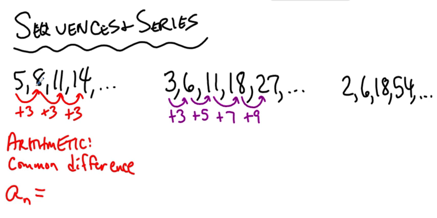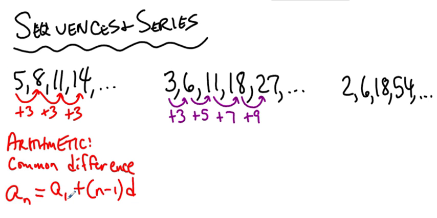That's right, I've got to make 99 jumps. In general, if I'm going to get to the nth term, I'm going to make n minus 1 leaps of 3. And I'm going to add that on to whoever's first in line.